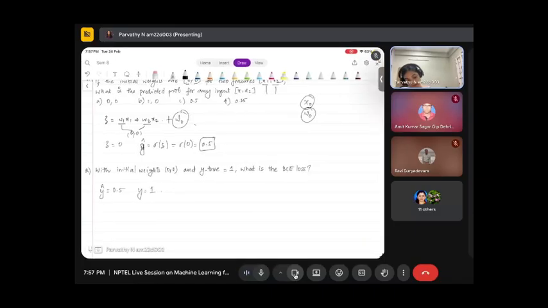And the formula is y into ln of y hat plus 1 minus y into ln of 1 minus y hat.